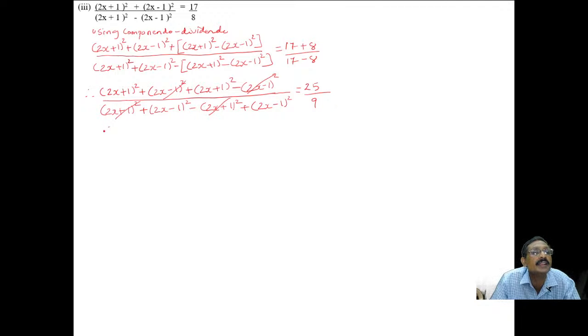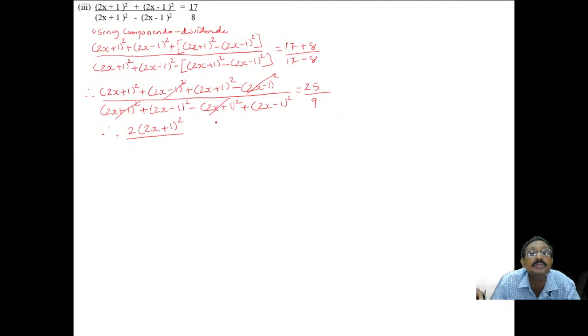So what we get, carefully see here, we have got (2x plus 1) square and (2x plus 1) square. That means how many times we have got? We have got it 2 times. Therefore 2 into (2x plus 1) square upon, now here we have (2x minus 1) square and here we have got (2x minus 1) square.